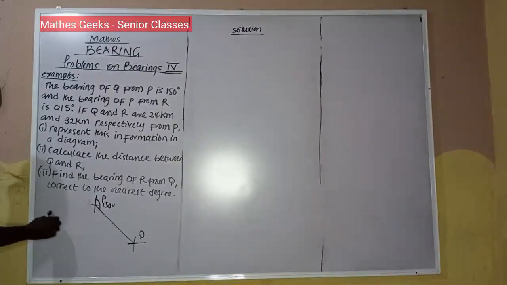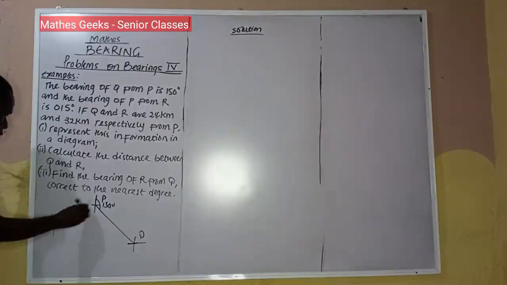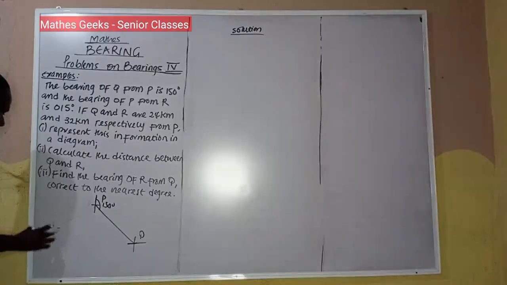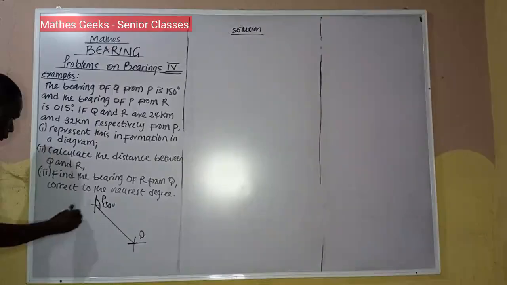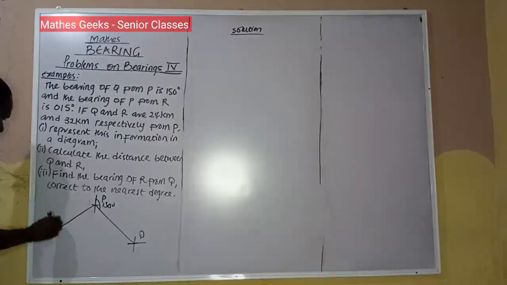So we come to R and plot 0.15 degrees. It will meet this one here, and this is 0.15 degrees.